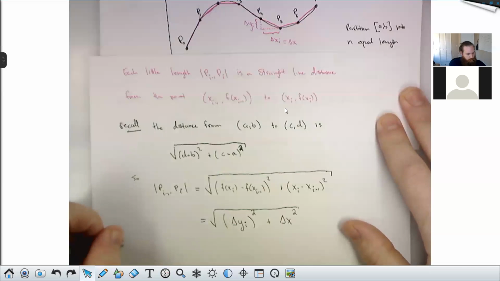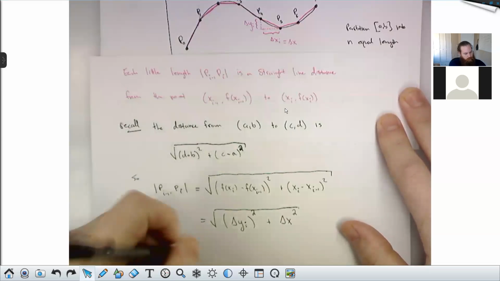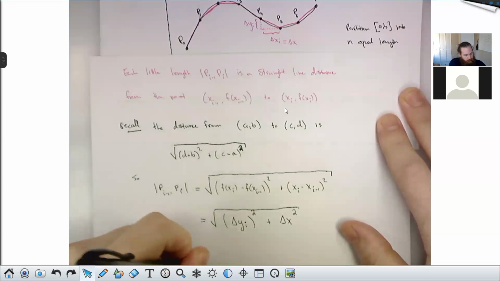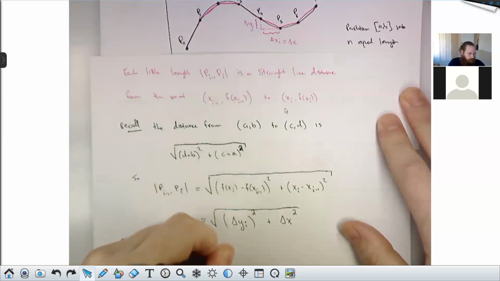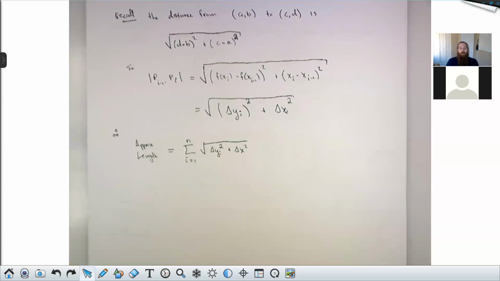Therefore, the approximate length is the sum from i equals 1 to n of the square root of delta yi squared plus delta x squared. And now there's some funny games we can play.